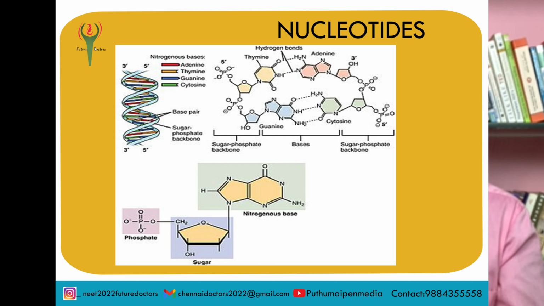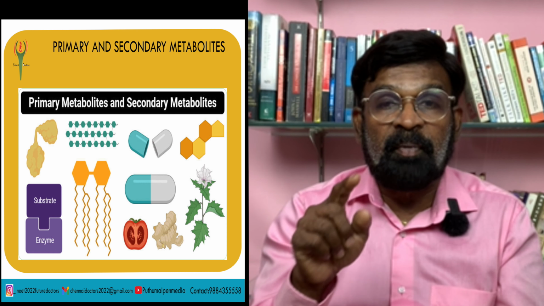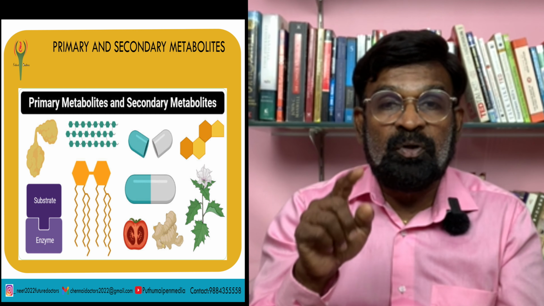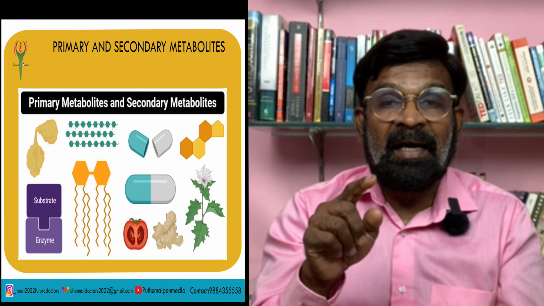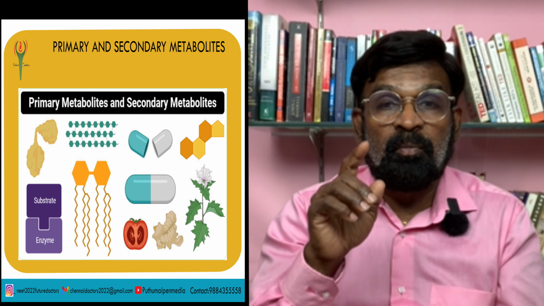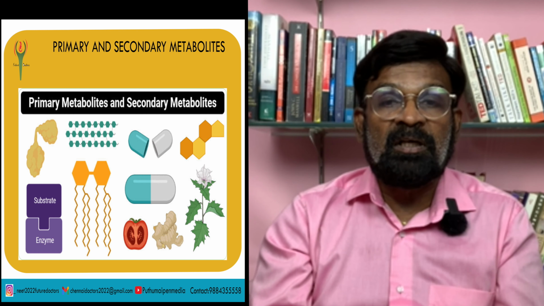Next slide. A large number of organic biomolecules are present in the cells which are used in various metabolic reactions of the cell. These are divided into 2 types. One, primary metabolites. These are metabolites which are found in animal tissues.